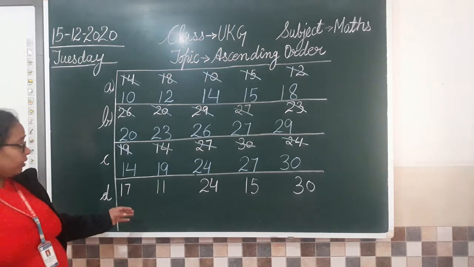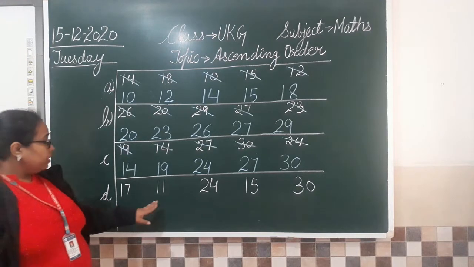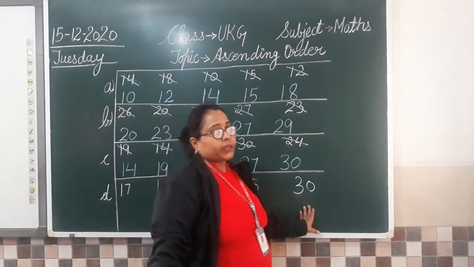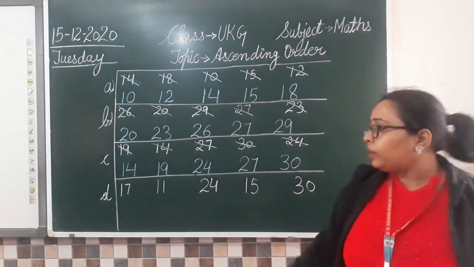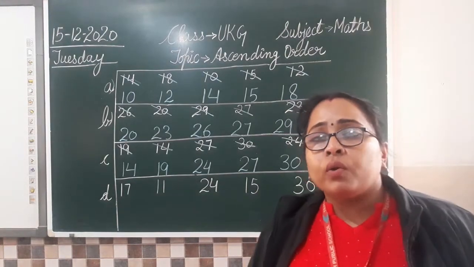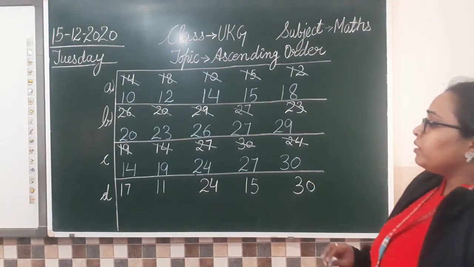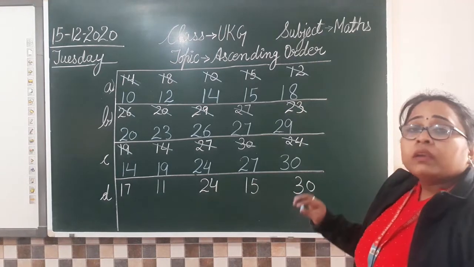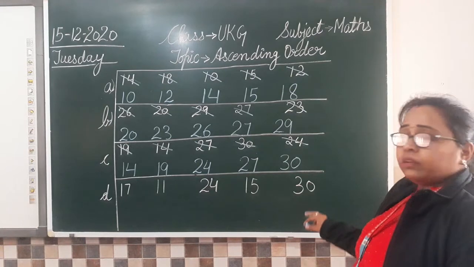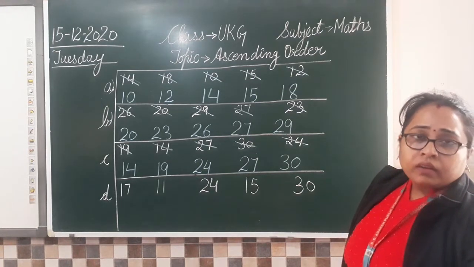So the numbers given here are 17, 11, 24, 15 and 30. So I am giving you another 1 minute. Just copy these numbers and try to solve it in your notebook. The numbers are 17, 11, 24, 15, 30.